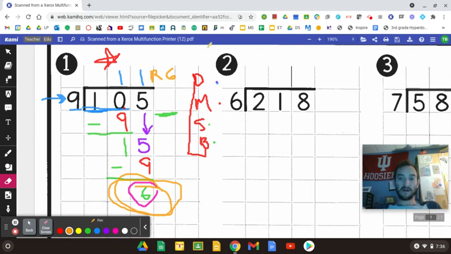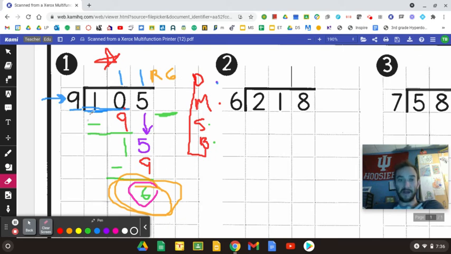All right, now I want to look at it backwards on this one. I'm going to show you how to check your own work. Remember, division and multiplication are opposites of each other, so we can use multiplication to check our answer.